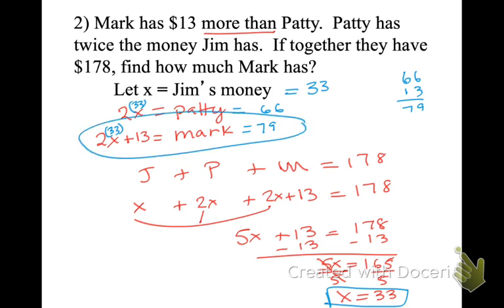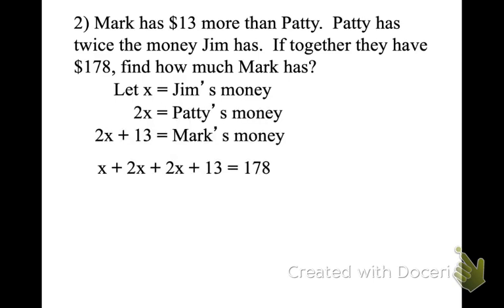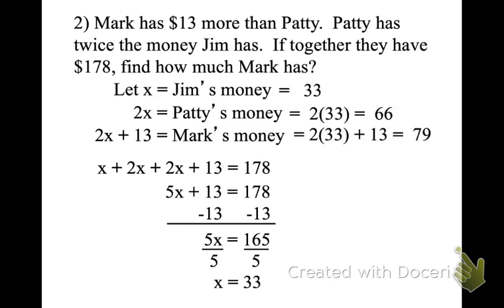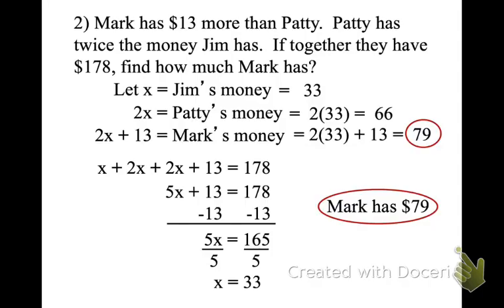So we would say $79 is what Mark has. Okay? Make sure you're reading it. You always go back in the end. It's probably much easier to look at right there. So we're only mentioning in our answer column Mark. And that, my friends, is our lesson. Okay? Have a great day.